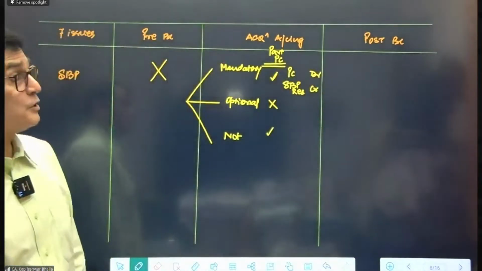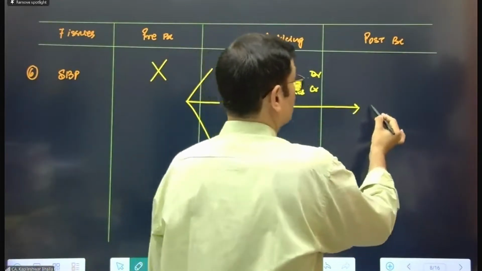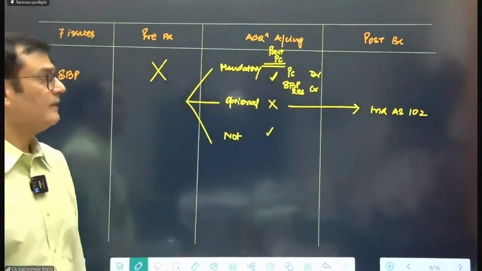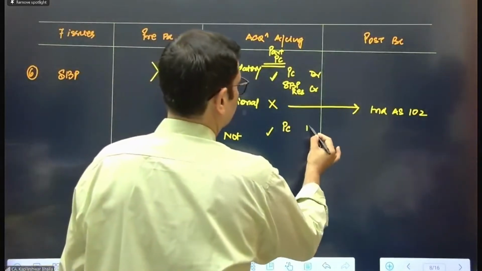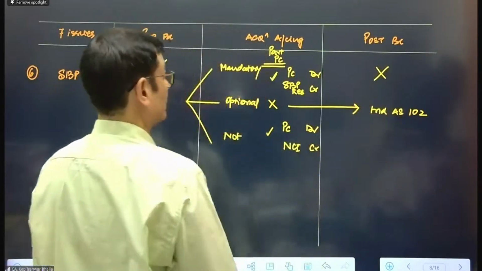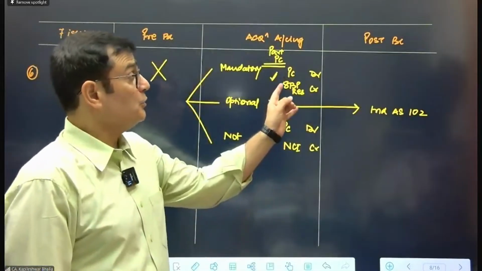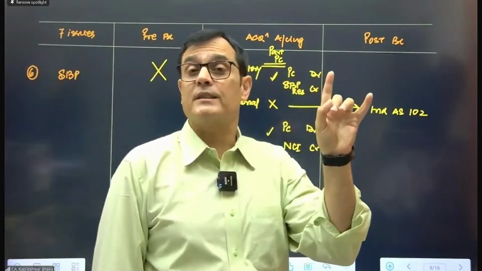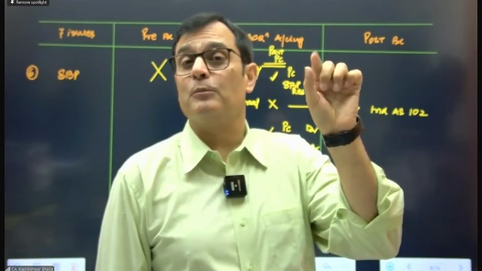What about option replacement? No entry at this stage, but post-business combination, you would apply Ind AS 102 share-based payments. Yes, sir. And if it is not a case of replacement, then the entry is PC gets a debit and the NCI gets a credit. There is going to be subsequent accounting in this case as well. You need to account for the post-business combination. Remember, in the 3rd step, you took the difference between 2 and 1, the amount relating to the post-business combination.